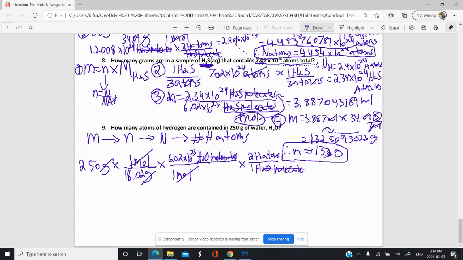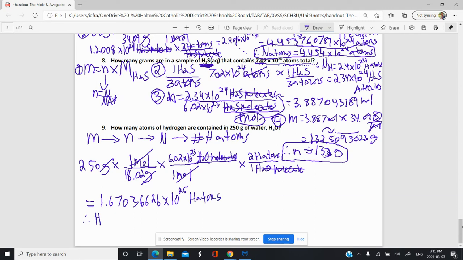So we do 250 times 1 divided by 18.02 times 6.02 times 10 to the power of 23 divided by 1 times 2, and we get 1.67036626 times 10 to the power of 25 H atoms.